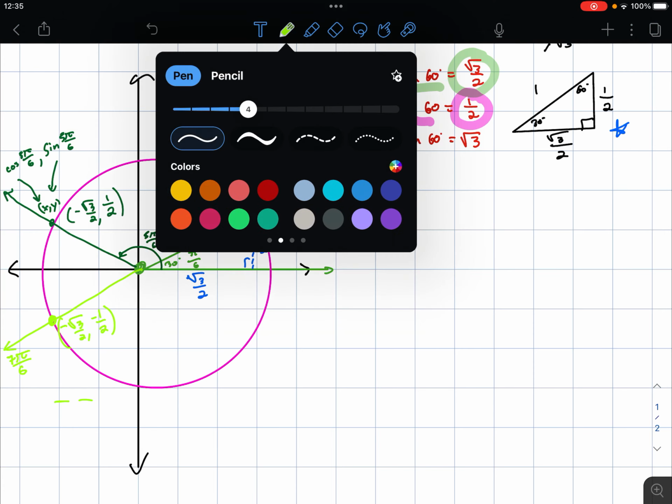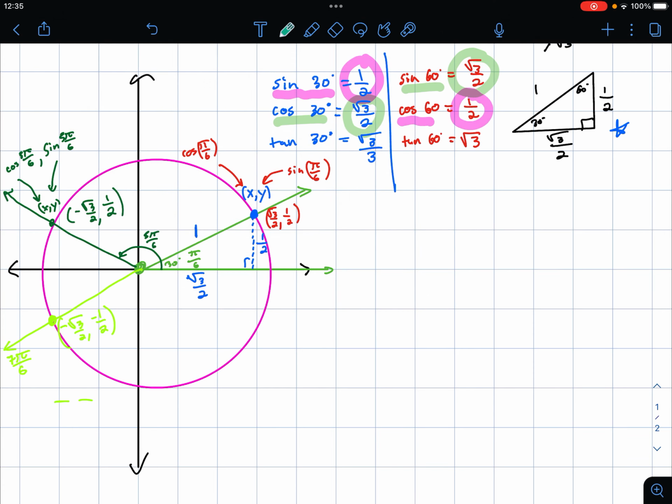And then our last one, let's see if we can get one more green type color, is going to be the quadrant 4 angle that shares the reference angle of 30 degrees. And that is going to be, let me just draw it a little better, 11 pi over 6 in radians, or 330 degrees.